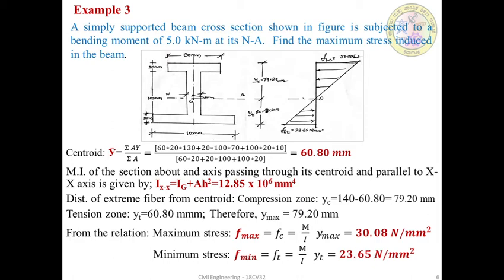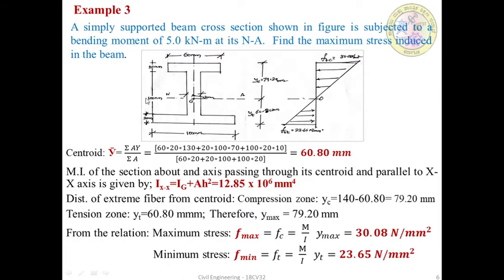Example 3. Here is the statement of the problem: a simply supported beam of cross section shown in the figure is subjected to a bending moment of 5 kilonewton meter about its neutral axis. Find the maximum stress induced in the beam. So here, this is the cross section of the I section.